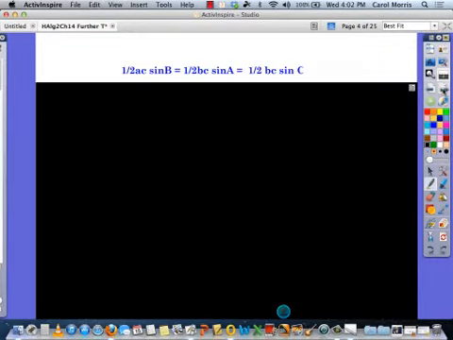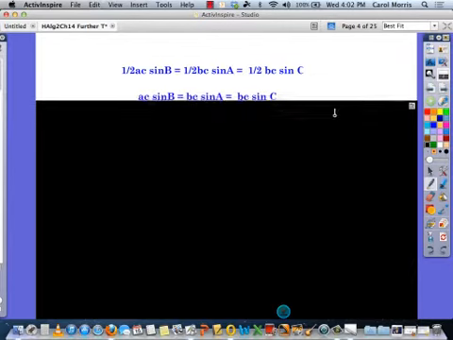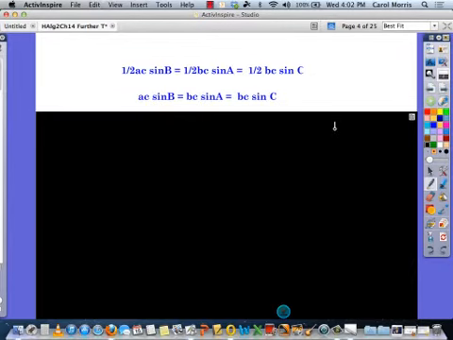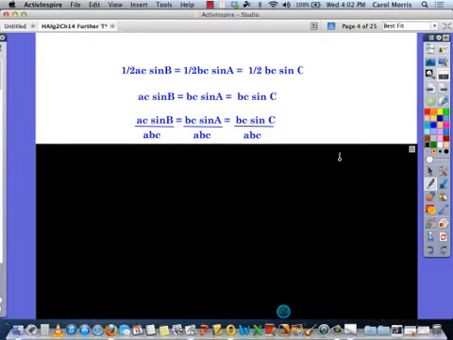So using that idea that the area is 1/2 AC sine of B, 1/2 BC sine of A, 1/2 BC sine of C, which is the relationship we used on that last one, we should be able to rewrite it by multiplying everybody by 2, doubling everybody. And then we would multiply by ABC.